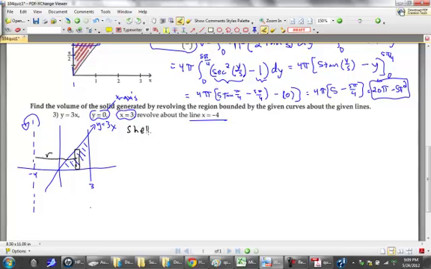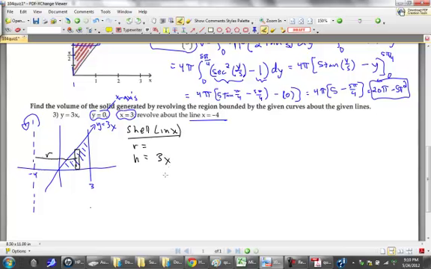So we're doing shell. It'll be in x because the rectangle is vertical, moved horizontally. We need a radius. We need a height. The height will be the distance up off the x-axis. So that's y, but it's in terms of x, so 3x.